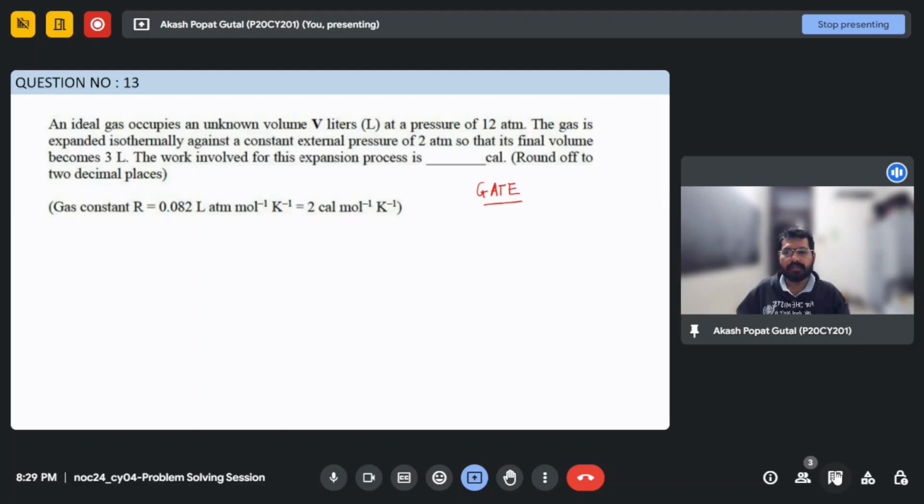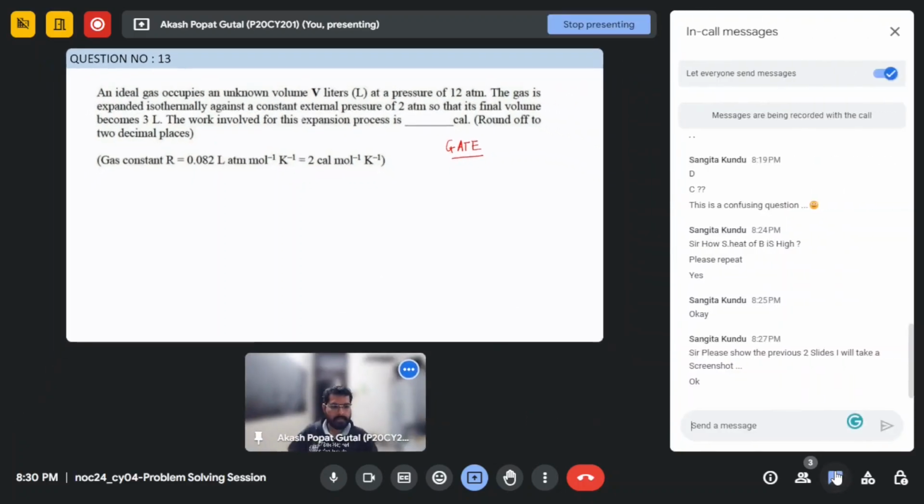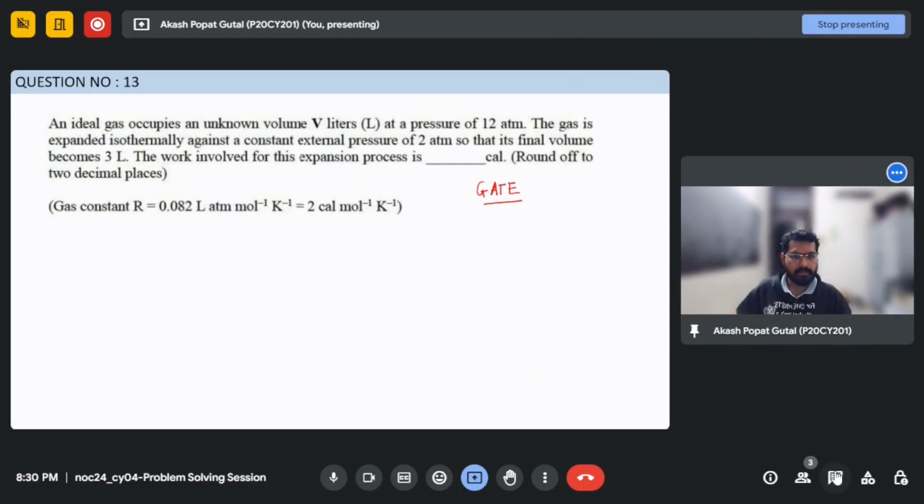So you should consider the first sentence is important, and the gas is expanded isothermally against the constant external pressure of 2 atm. Try to calculate it.